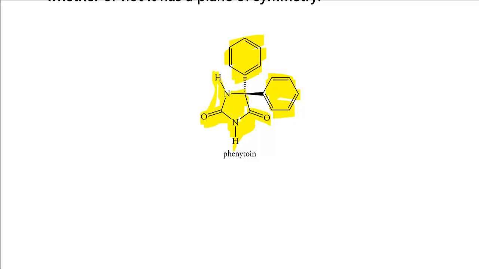So this molecule that contains nitrogen is in the plane of paper, this is inside the plane of paper and this is outside of the plane of the paper. So if you consider the plane of paper as one plane, on top of that you have a phenyl ring, on the bottom of that you have a phenyl ring. So there is a plane of symmetry.